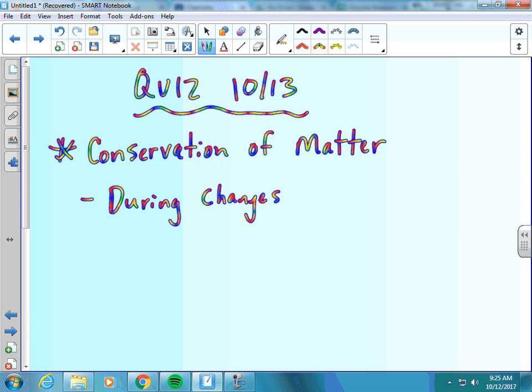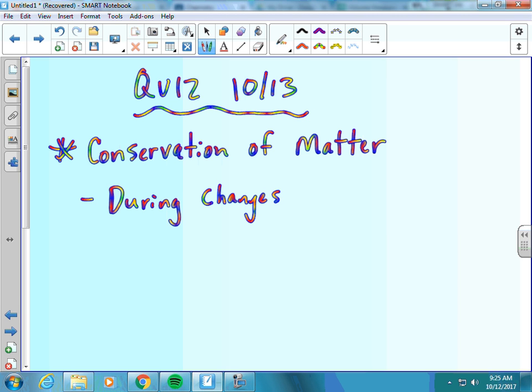Of course, you know that we're focused intently in this unit about matter. We're focused so much on the particles, the actual particles. So the particles really are just matter, and when we find the amount of matter in an object, that's really the mass. So we're trying to figure out what happens to mass during those changes.